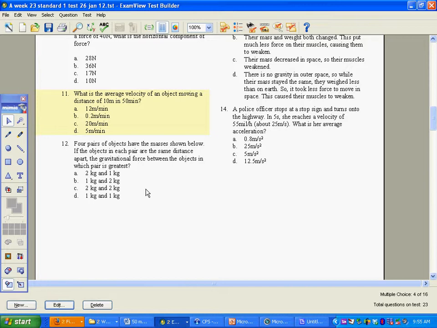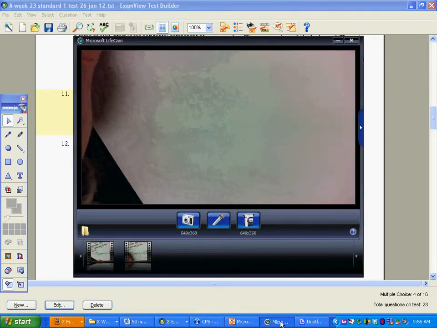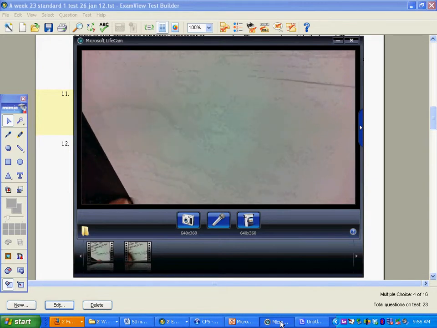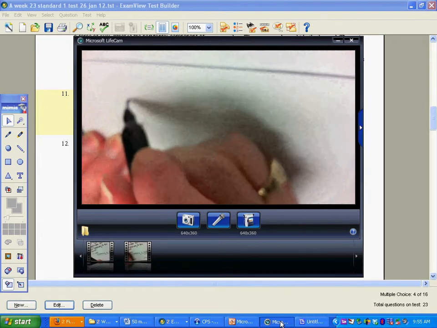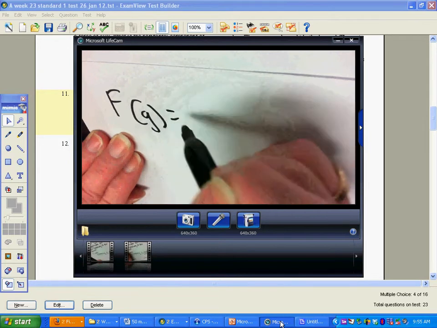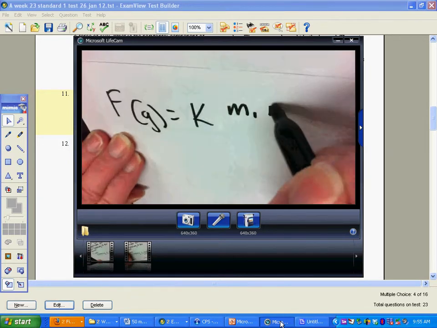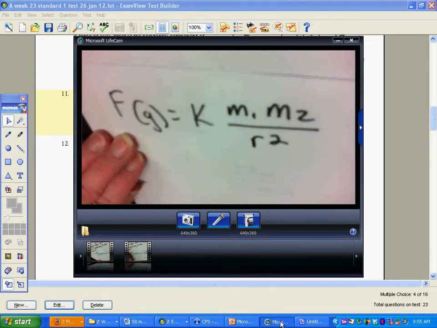You're going to see it in kinematics. Okay? The equation for the law of universal gravitation.